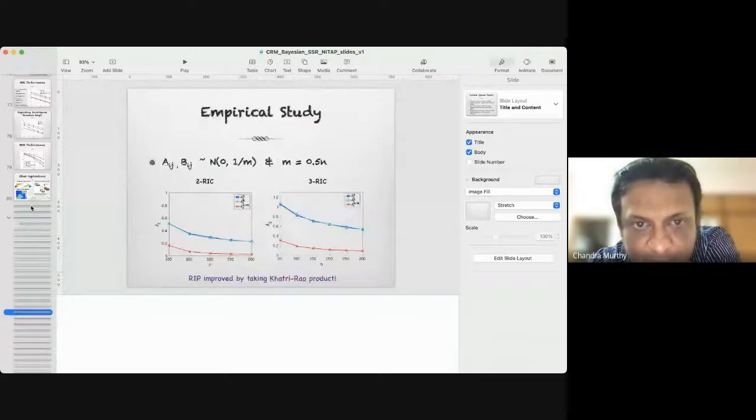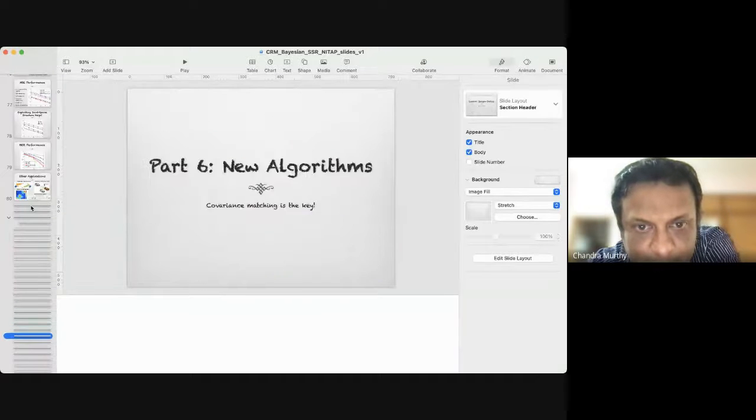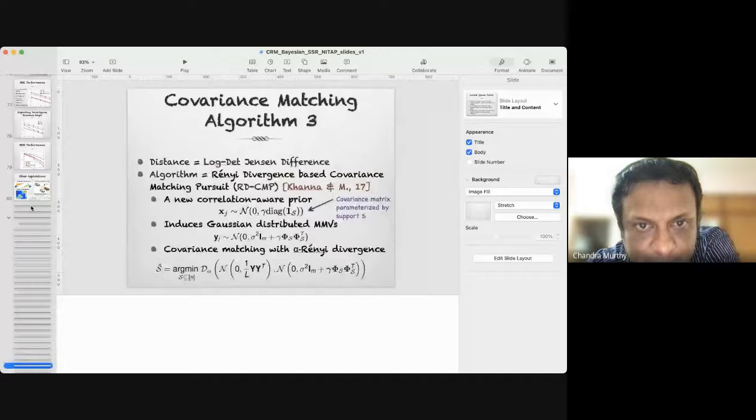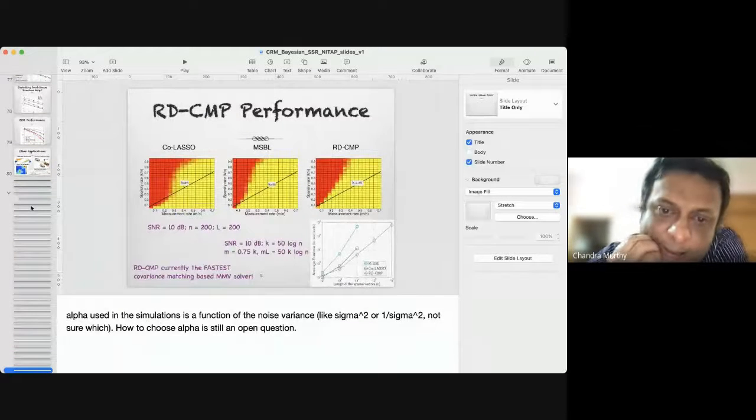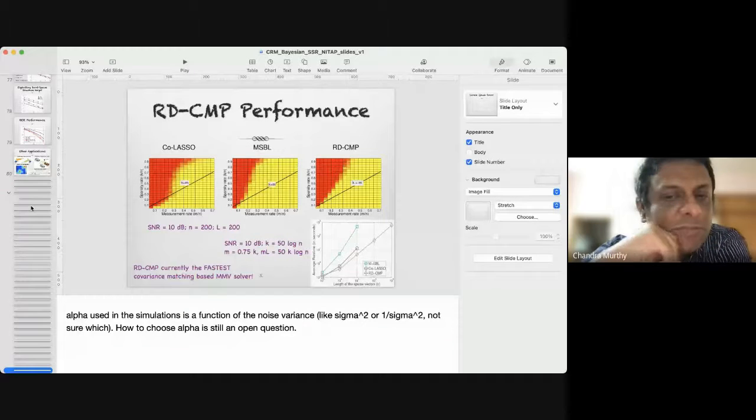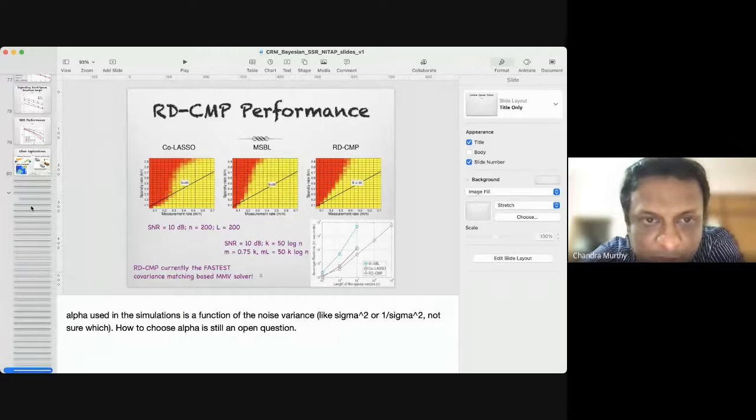Okay, let's see. Yeah, so what is shown here is a comparison between three algorithms.